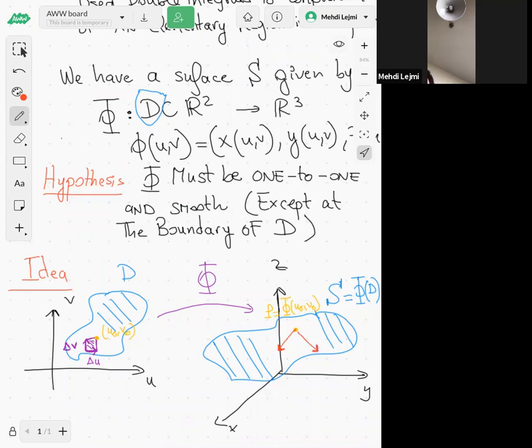So this is a parallelogram, which is the image of this small rectangle in the region D. The image of this rectangle. So this is delta u and this is delta v.